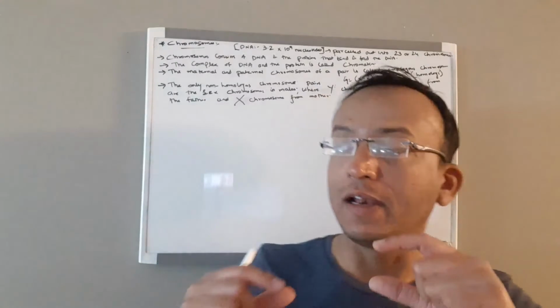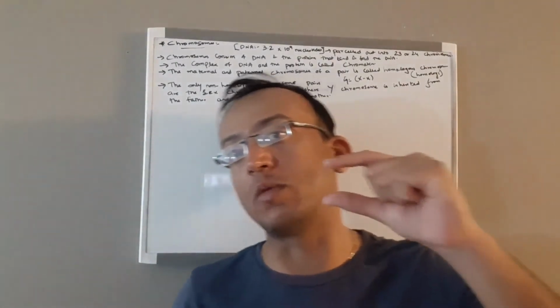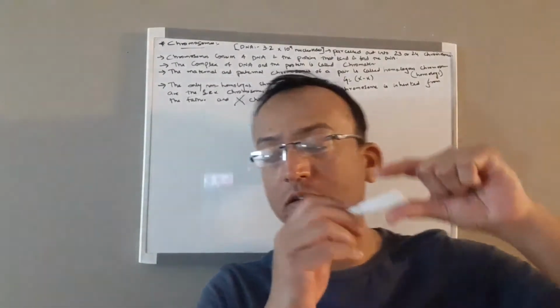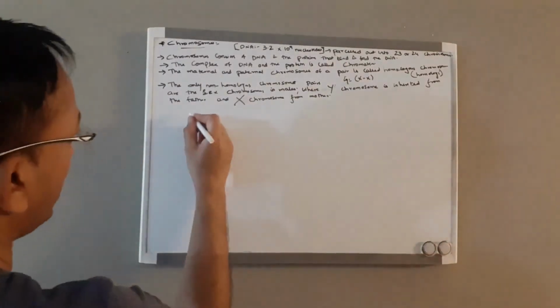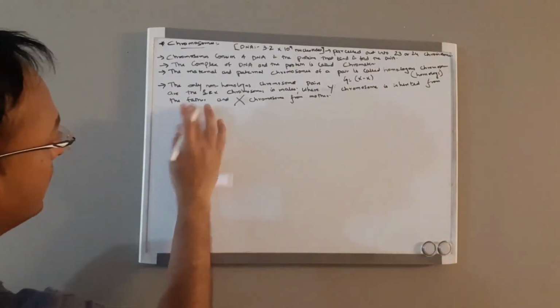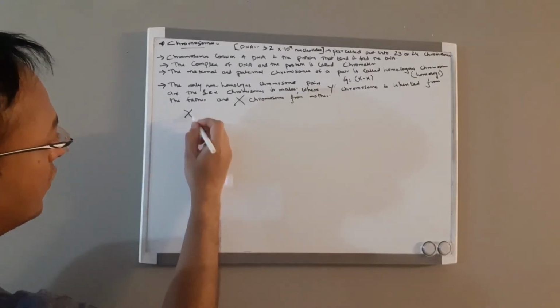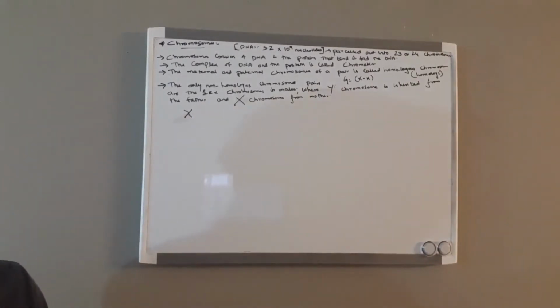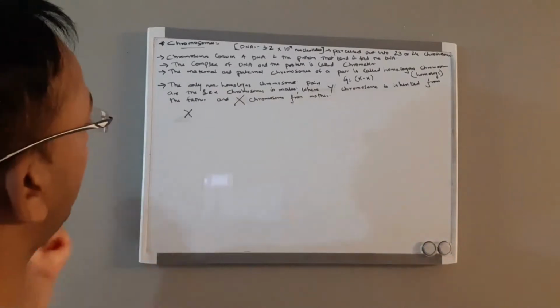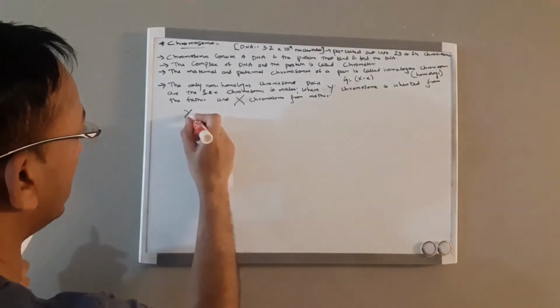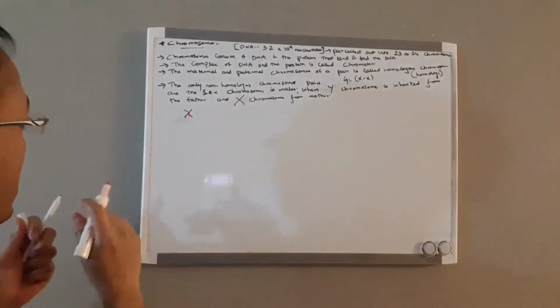So they will know, for example, if chromosome number 12 has something like this. Maybe I will just draw. So this is chromosome number 12, and let me use a different color. For example, it has this, right?